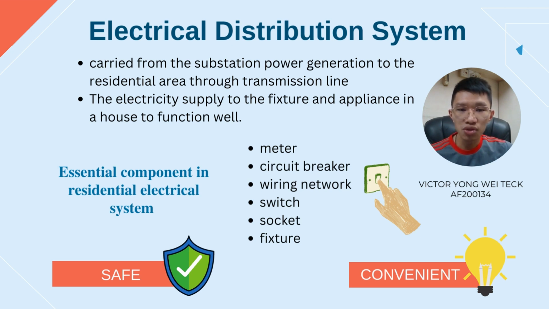The overhead method is usually used in residential areas. The electricity supplies from the power station to the fixtures and appliances in the house to function well. There are several essential components in the residential electrical system such as the meter, circuit breaker, wiring network, switch, sockets, and fixture. The electrical distribution system must be safe and convenient to use for the consumer.